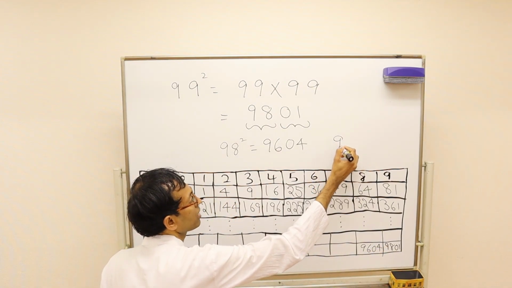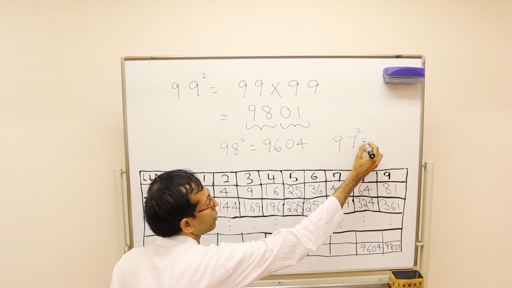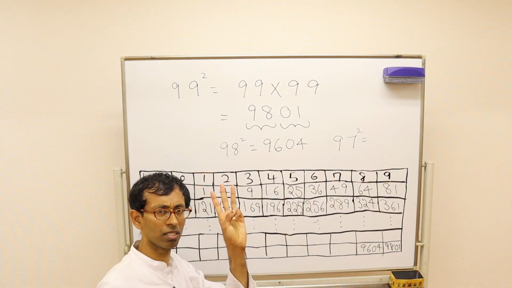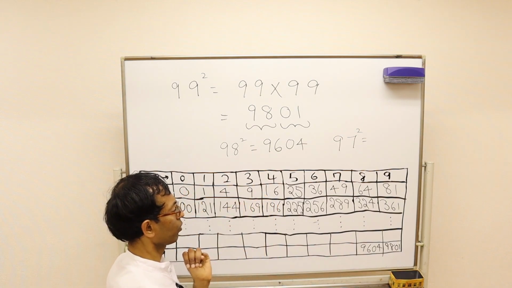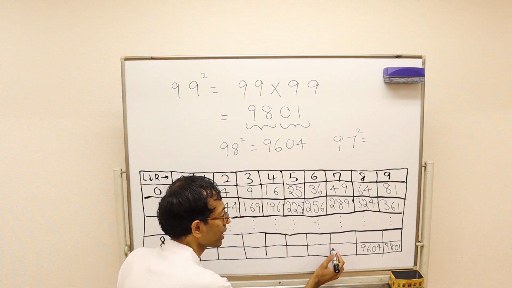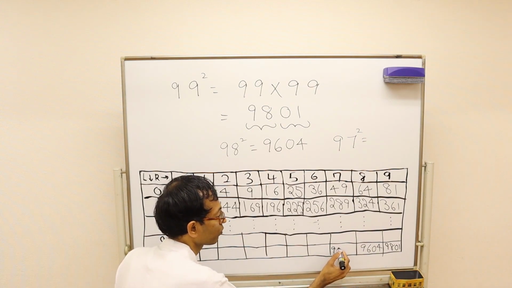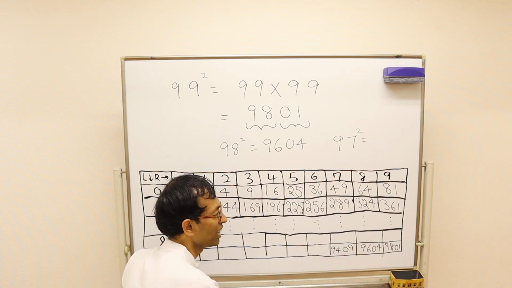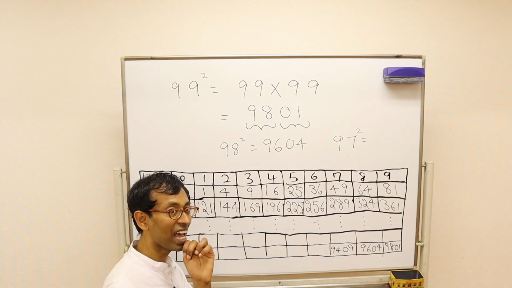Then say 97 square means the proximity is 3. So 97 minus 3 is 94, and then you have 3 square, so that is 09. You see the pattern here?